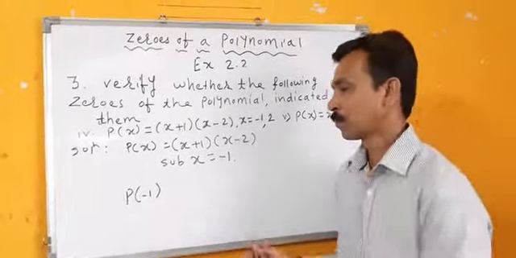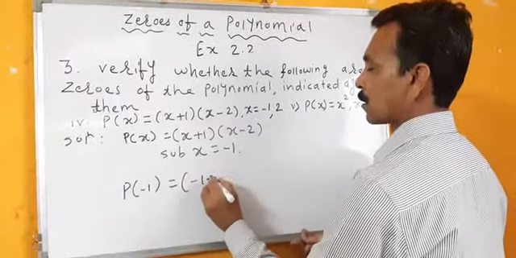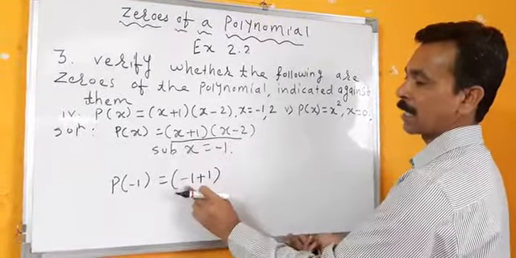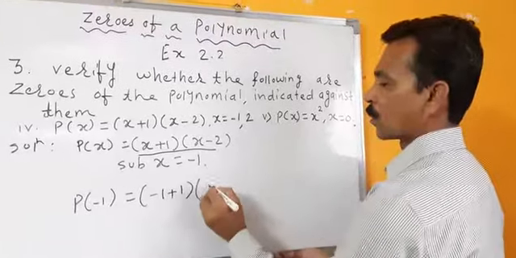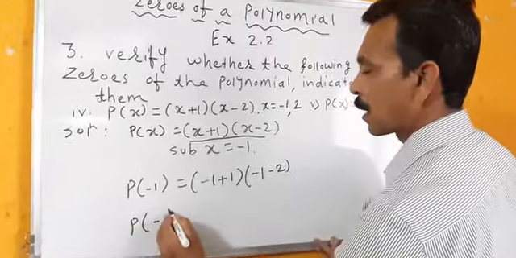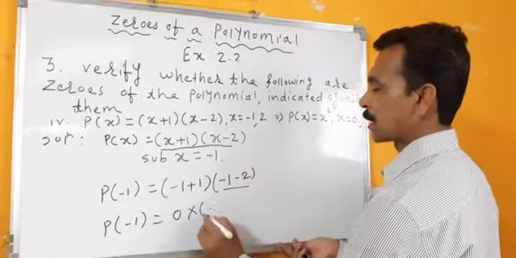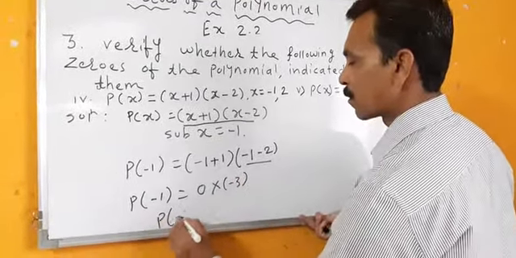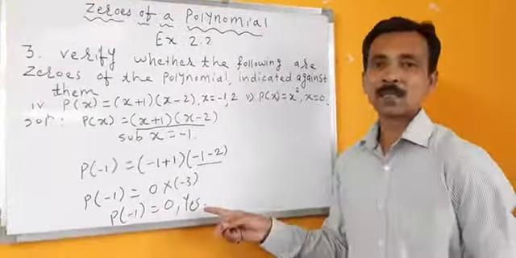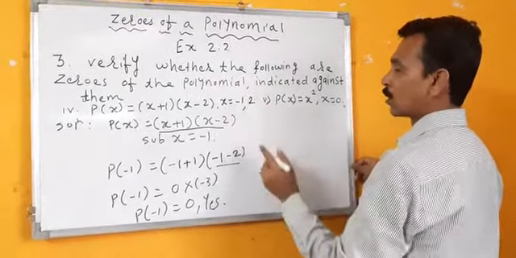Is it clear? p of minus 1 is equal to minus 1 plus 1, into minus 1 minus 2. p of minus 1 is equal to 0 into minus 3, so p of minus 1 is equal to 0. So what is the answer? Yes. Now I'll put the value of x is equal to 2.